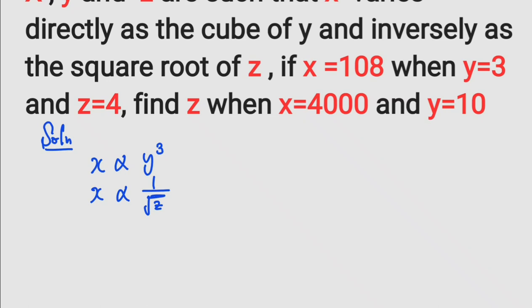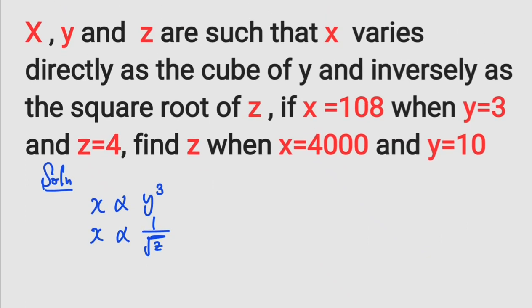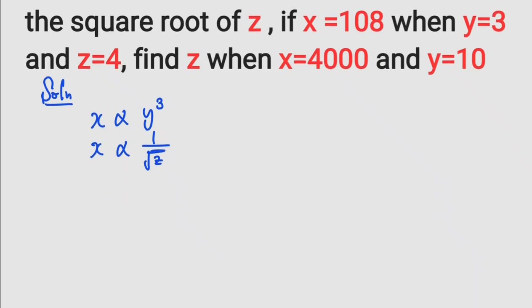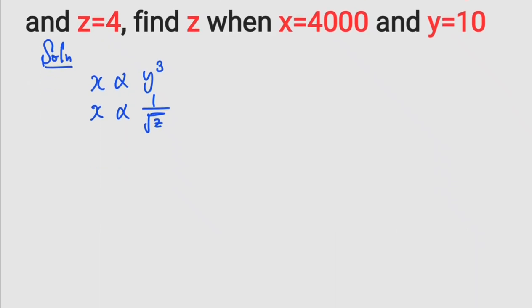That is the relationship between x and y, x and z. Now, combining the two of them, we can say x varies as y cube and inversely as the root of z. Remember, this is a relationship, but it has not yet been confirmed whether x equals y cube over square root of z.